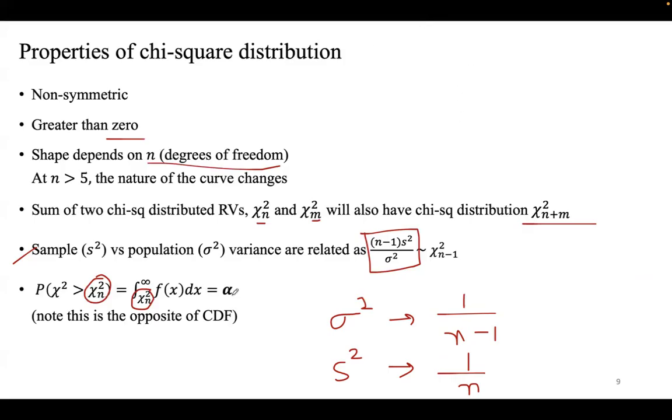So don't get confused that alpha is being used in different contexts every time. This will come into the picture much more in the next lecture. But just remember that when you're looking at a part of the area under the curve, very often we refer to it as alpha. Anyway, those are some properties of the chi-square distribution.